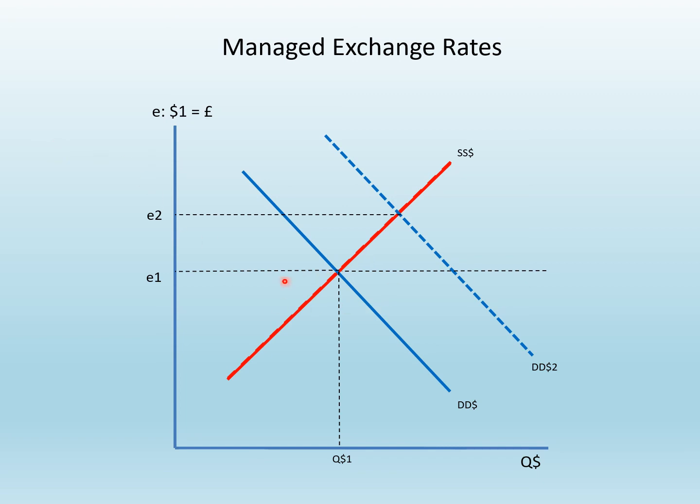In other words, it wants to keep the exchange rate at E1 irrespective of what happens to demand and supply for foreign exchange. So what the Bank of England will need to do, it will need to go to its reserves account.